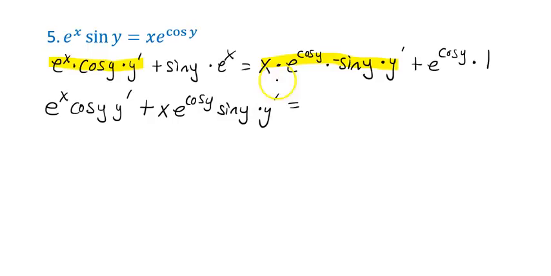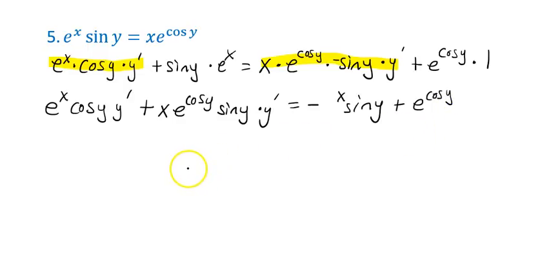And then I want to make sure that I get the piece that I did not highlight to the right side by subtracting, so minus e to the x sine y, and I already had on that side an e to the cosine y.